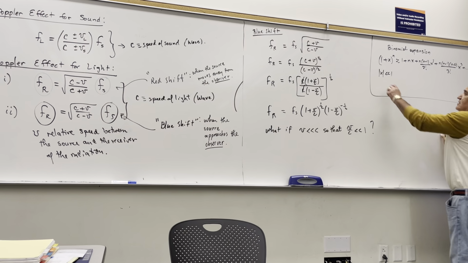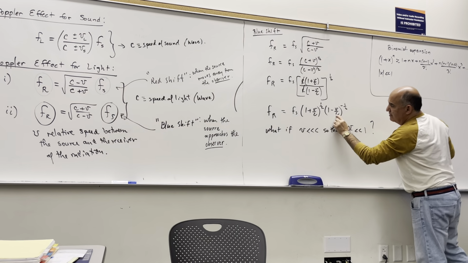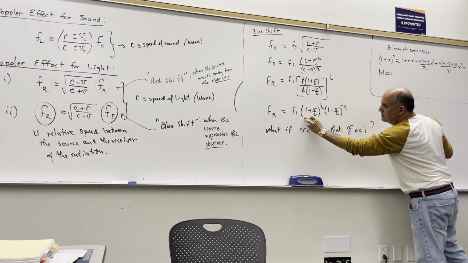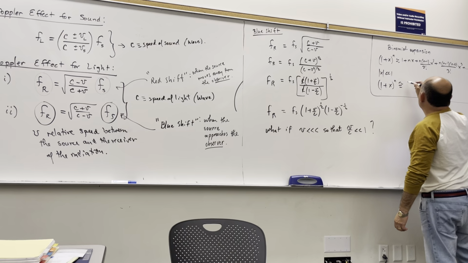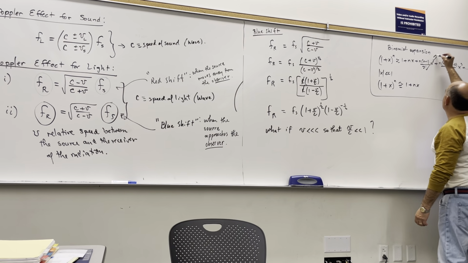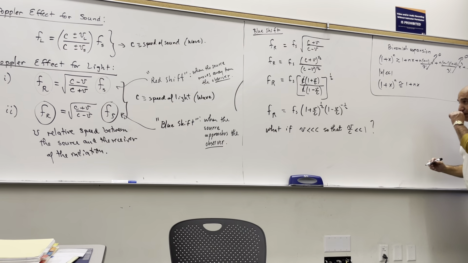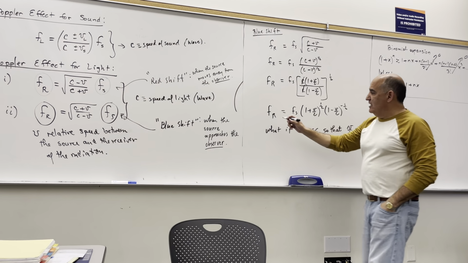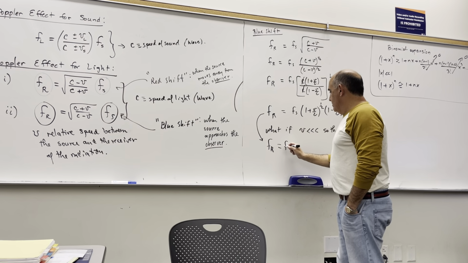So since this number x is much less than 1, and that's what we have over here, v over c is much less than 1, then we approximate 1 plus x to the n simply as 1 plus nx, and we're going to throw all those terms away. So that's an approximation. So that means that this becomes f of s.